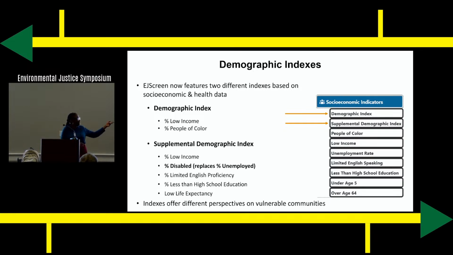So they replaced it with disability, and they discovered that in rural areas you have more people with disability, so it reflects more of what is happening in rural locations.